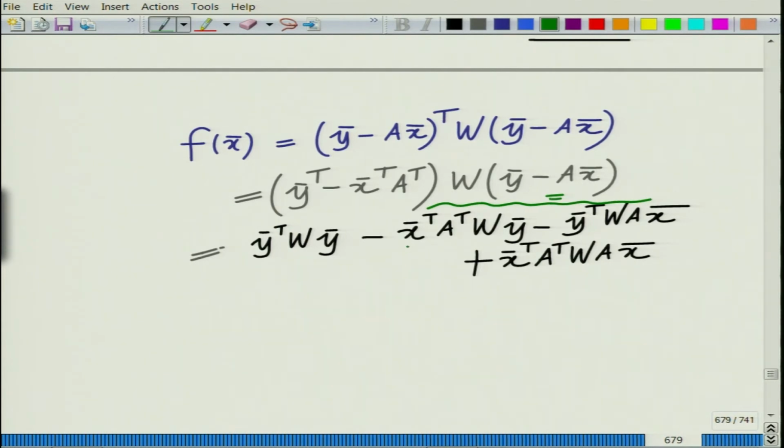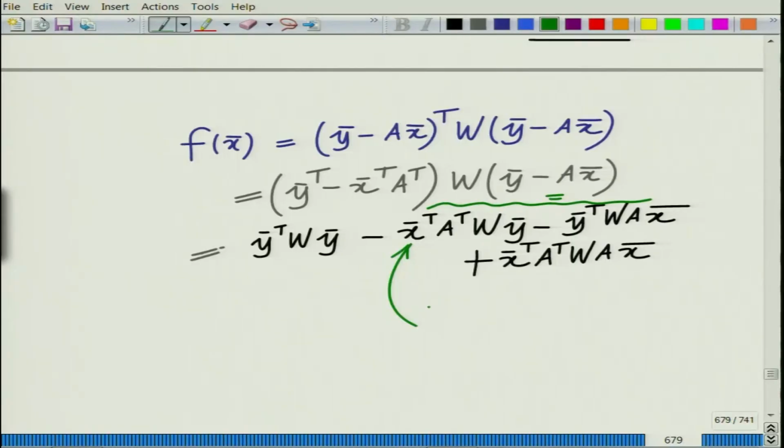Now you can see these two terms are equal because each term is the transpose of the other. That is what you see in your typical least squares expansion: the term x bar transpose A transpose W y bar is the transpose of the other term, y bar transpose W A x bar.